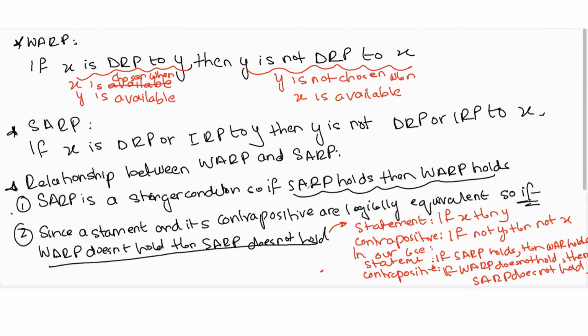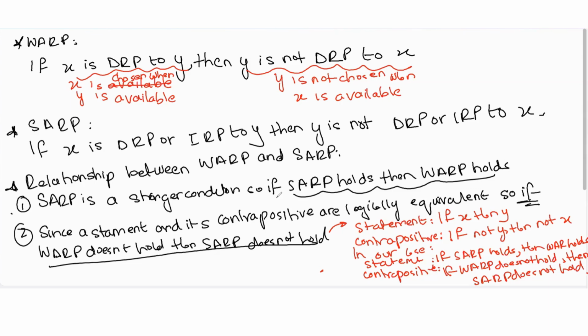Since we know the first statement is true, its contrapositive is also true, which gives us another way to see the relationship between WARP and SARP: if WARP does not hold, then SARP does not hold. So if you find out that WARP does not hold, you don't need to check whether SARP holds, because SARP will not hold. The key thing to remember is that we can look at the relationship in two ways.